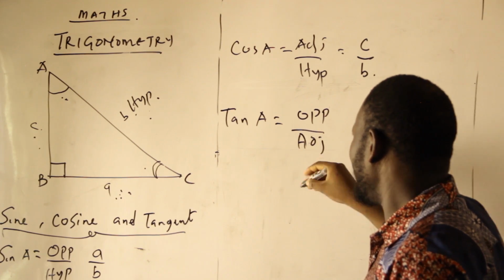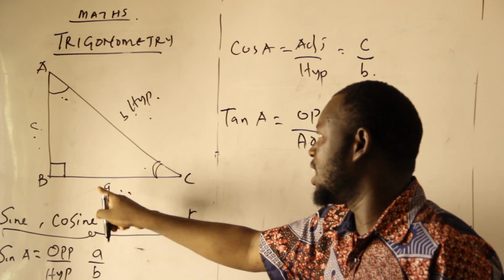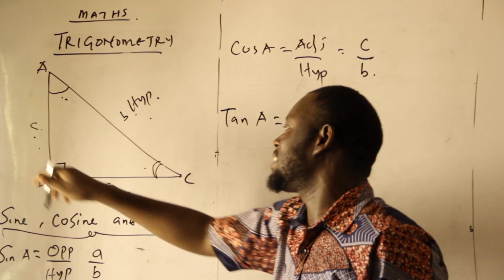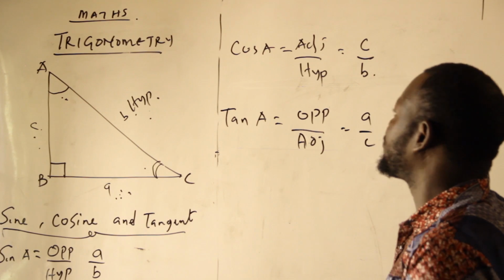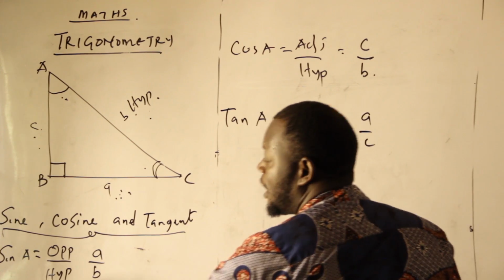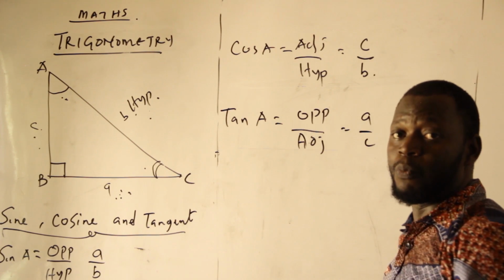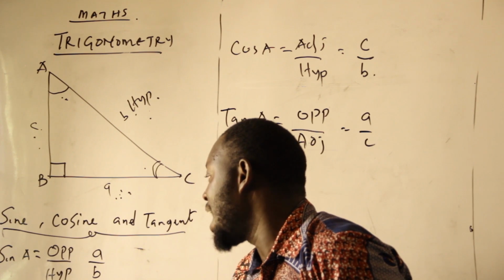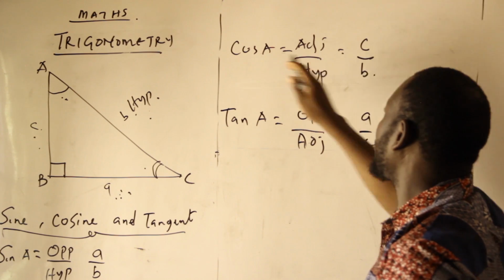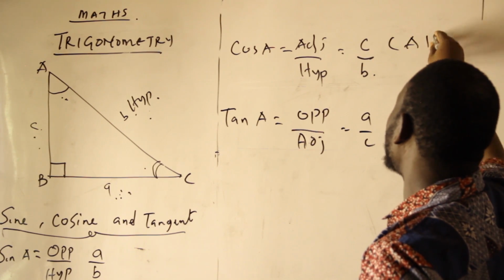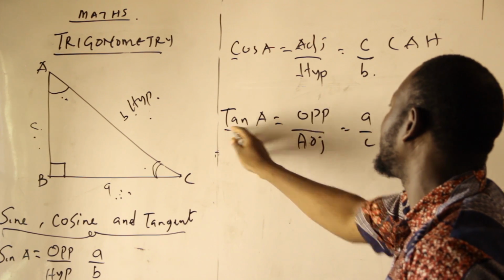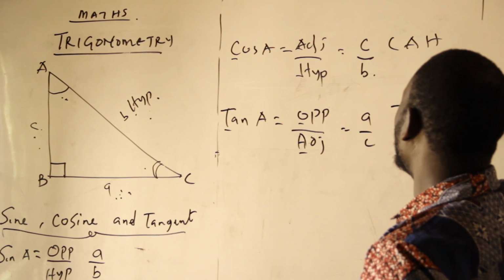So here we have our opposite, that is a, and our adjacent, that is c. It is from this concept that they came up with it: sine is opposite and hypotenuse, cos is adjacent and hypotenuse, and tan is TOA, opposite over adjacent.